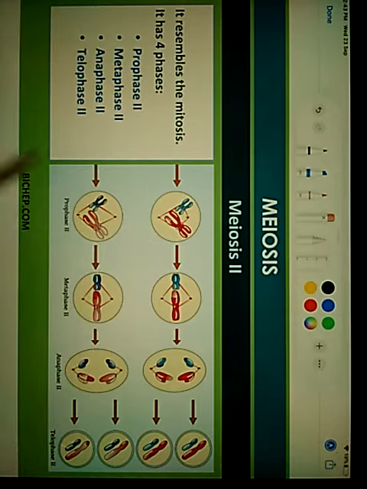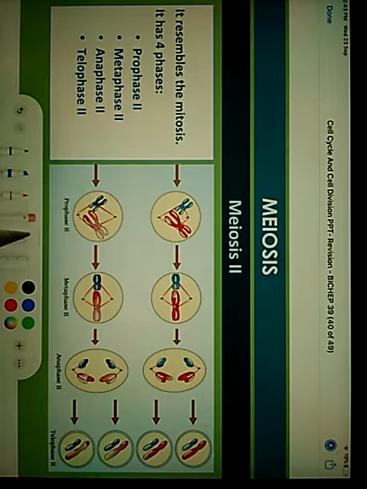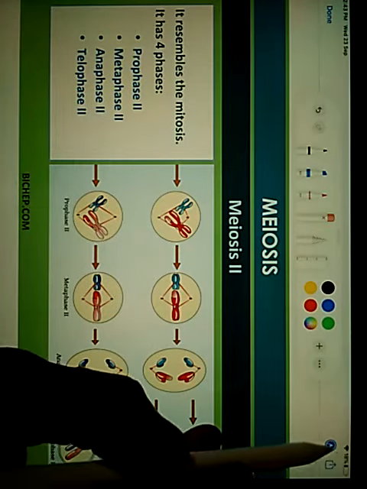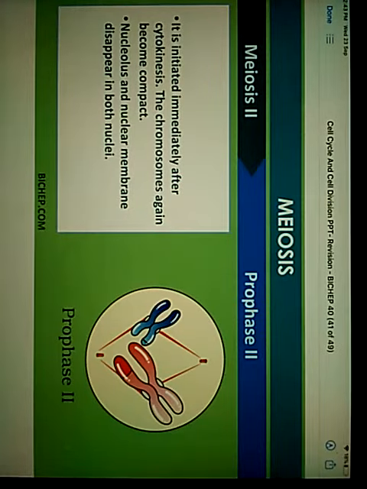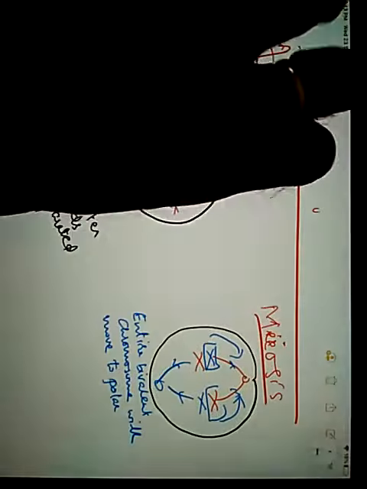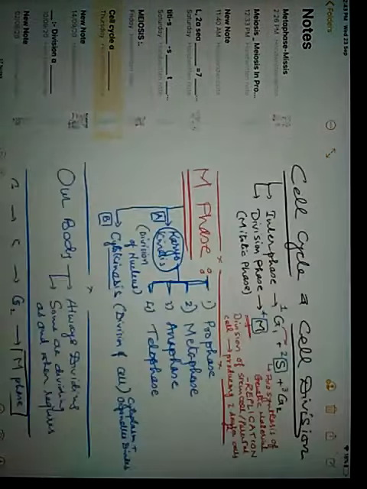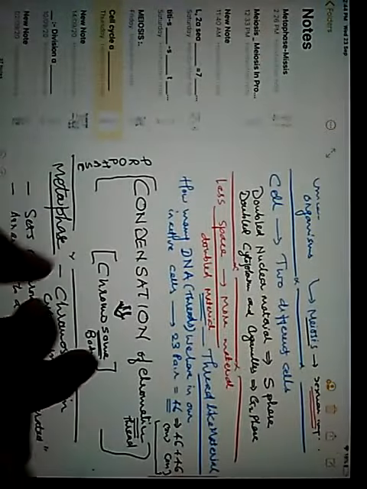That's the difference we can see. So let me quickly revise the entire thing. If you see, during prophase, the chief differences of meiosis and mitosis: prophase, metaphase, anaphase and telophase.